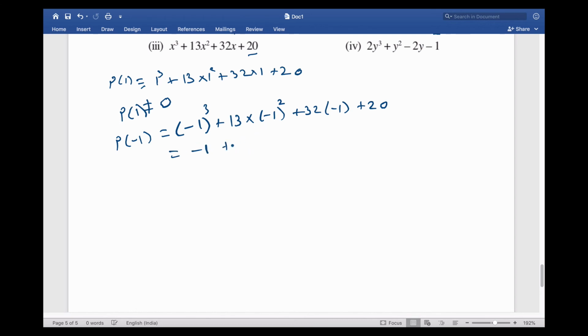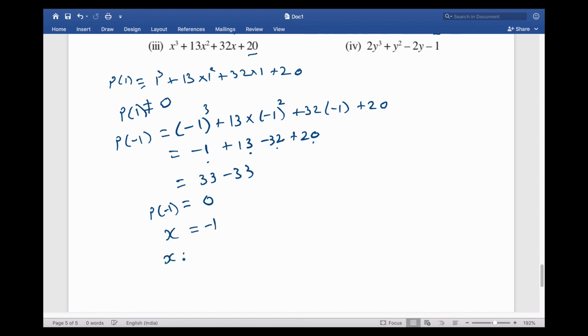This will become plus 13. 32 into minus 1 will be minus 32 and plus 20. So 20 plus 13 is 33, minus 1 and minus 32 also give me 33. So I get 0. So P of minus 1 is able to give me 0. That means x is equal to minus 1.